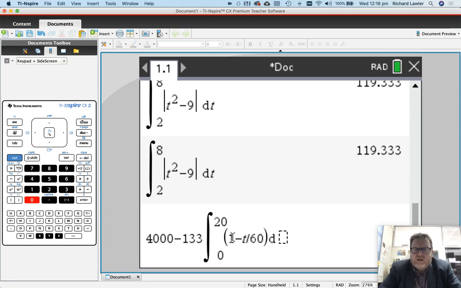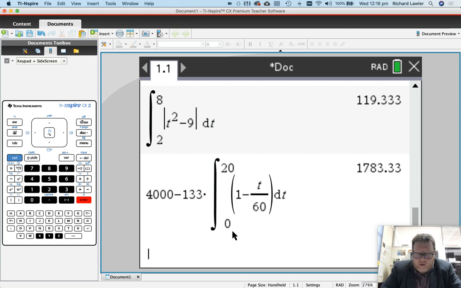You don't need to use the fraction button, you can just go t divided by 60, and then with respect to t, press return, and I get 1,783.33 gallons after 20 minutes.